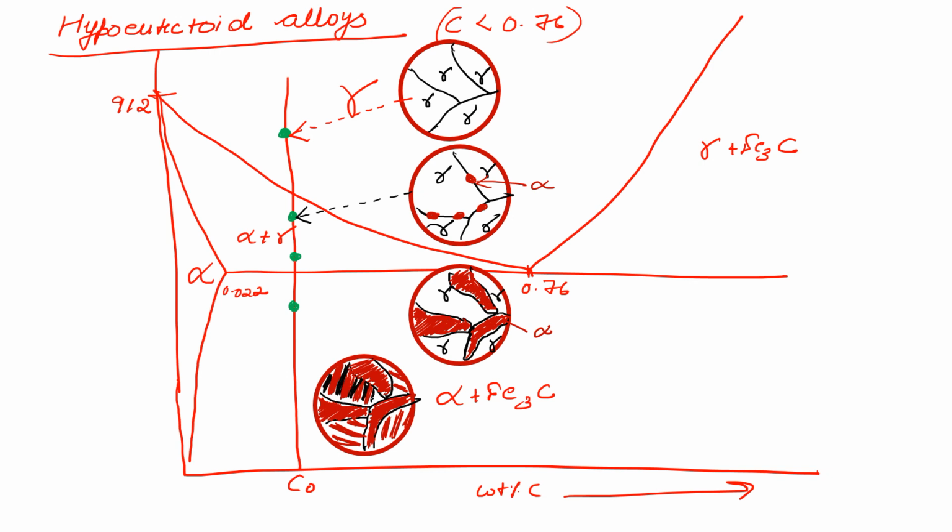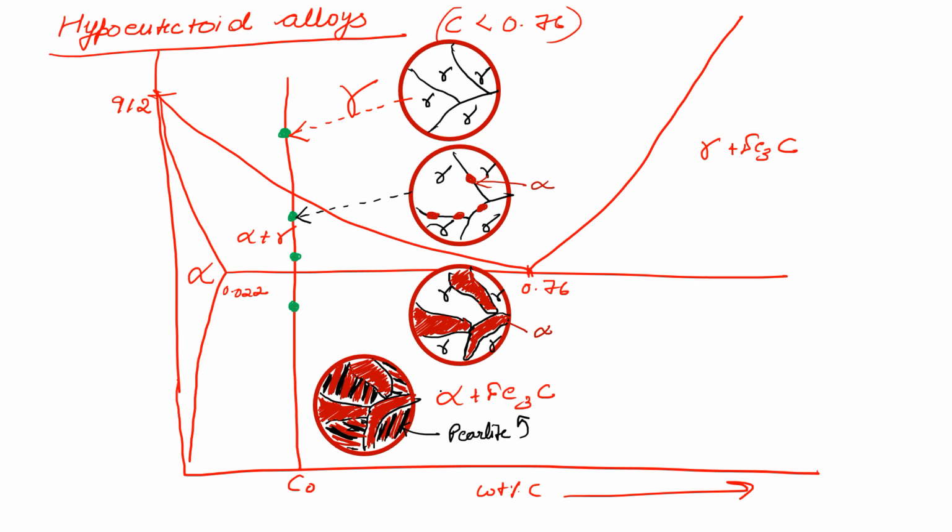So this laminar structure of the colonies, right. So this phase is perlite, which is nothing but alpha plus carbide, that is Fe3C. Alpha is ferrite, Fe3C is carbide.